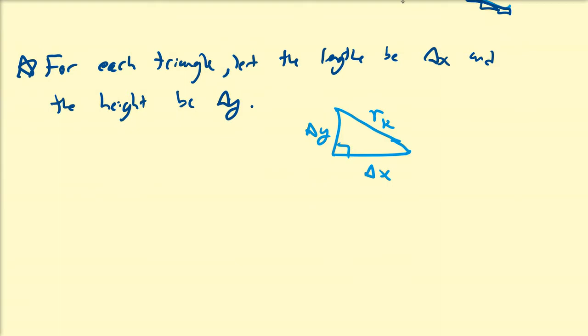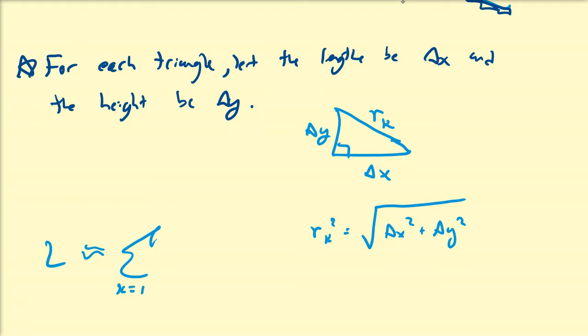Alright, so the length approximation. How can we find r_k in this equation? We know r_k is going to be equal to the square root of delta x squared plus delta y squared. So we're going to sum up all of those r_k's. This is approximately equal to the sum from k equals 1 to n of the square root of delta x squared plus delta y squared.